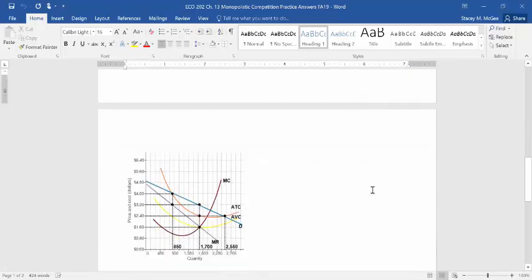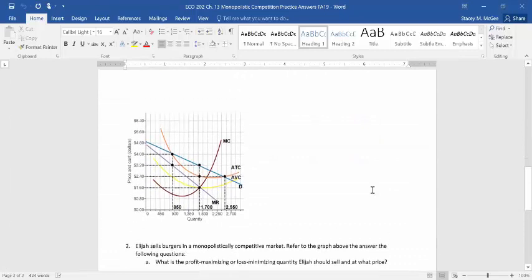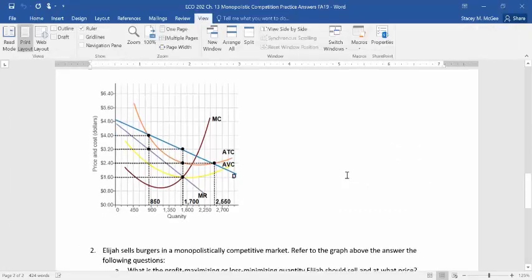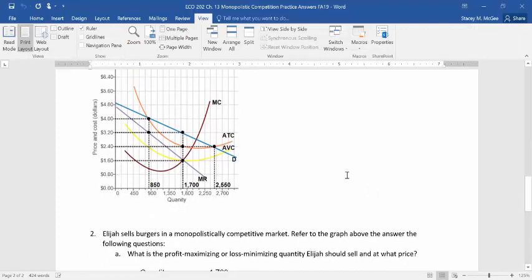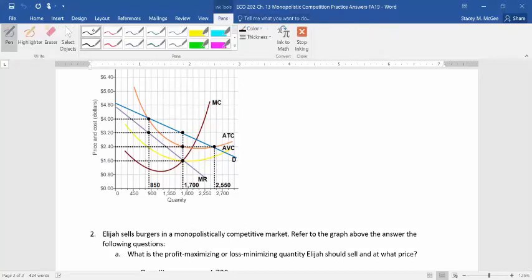And the other question was this one here with this graph. Eli sells burgers in this market, and how much should he produce? So if we look at this guy, hopefully this is going to work, we find where, let's turn this pen on. We look for marginal cost and marginal revenue, and they intersect right here.